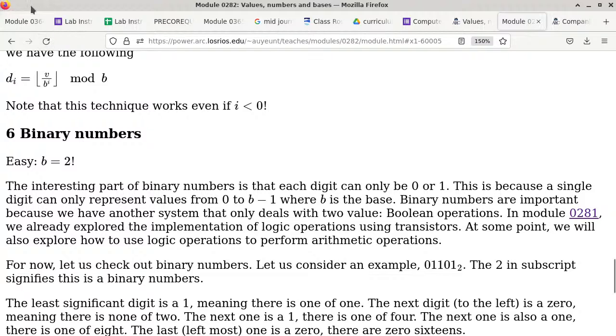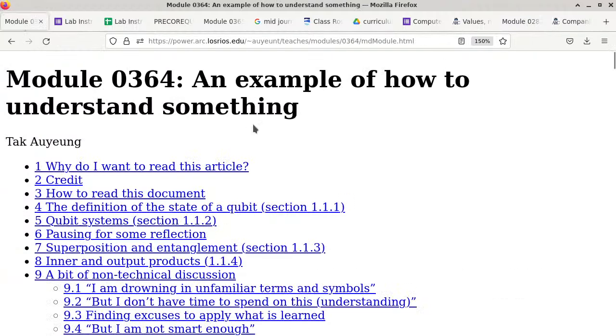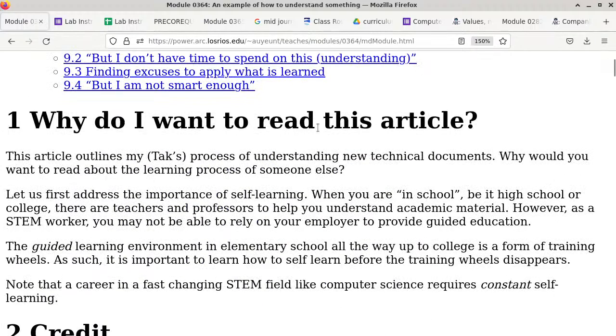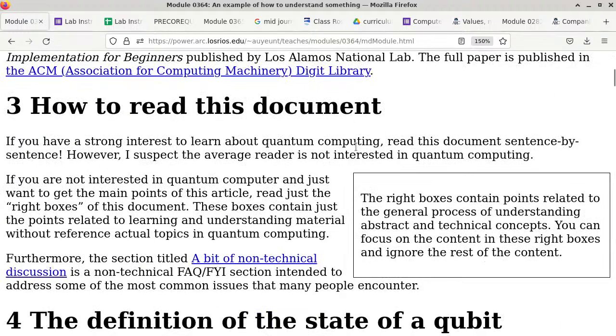If you remember, I sent you this document on how to understand something, and I gave myself the task of trying to understand quantum computing. This is basically my notes. If you ignore all the discussion of your understanding and all the boxes on the right-hand side, the rest, all the technical stuff, that is my notes. I look at these symbols and go, I have no idea what that is.